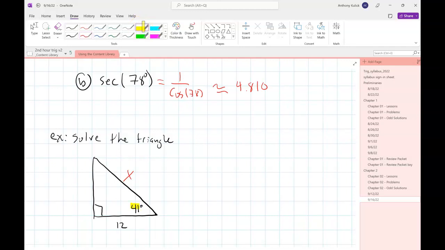So relative to this angle, the side we know is adjacent. The side we want is the hypotenuse. So the trig function I'll use is cosine, because cosine is adjacent over hypotenuse.